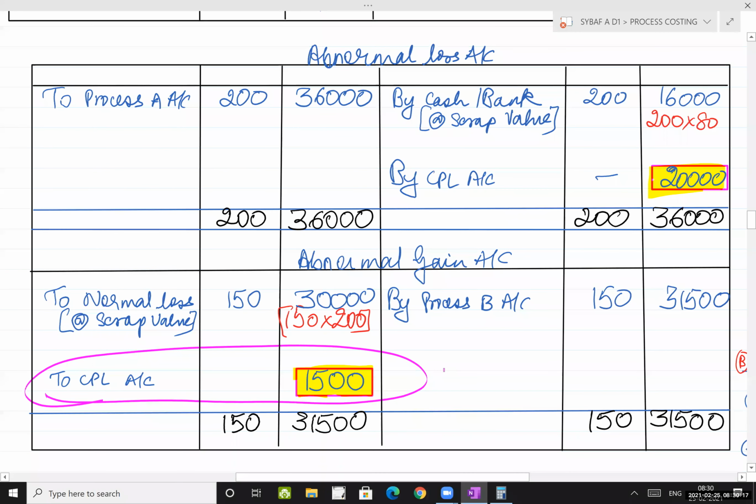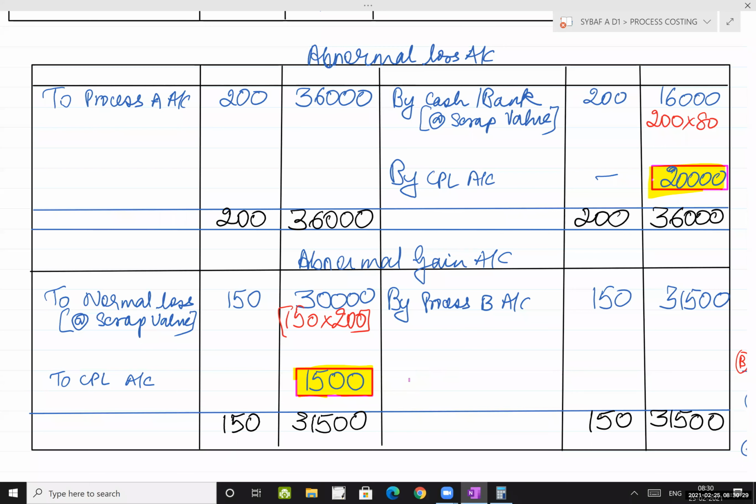Okay, 31,500 minus 30,000, the difference is a profit of 1,500. Is it clear? Abnormal gain is also clear.